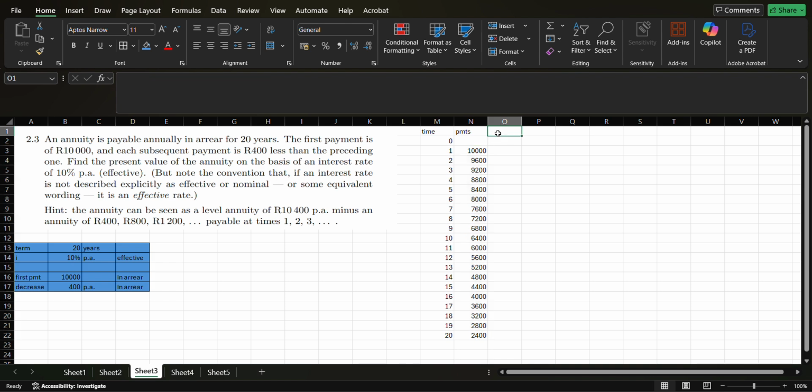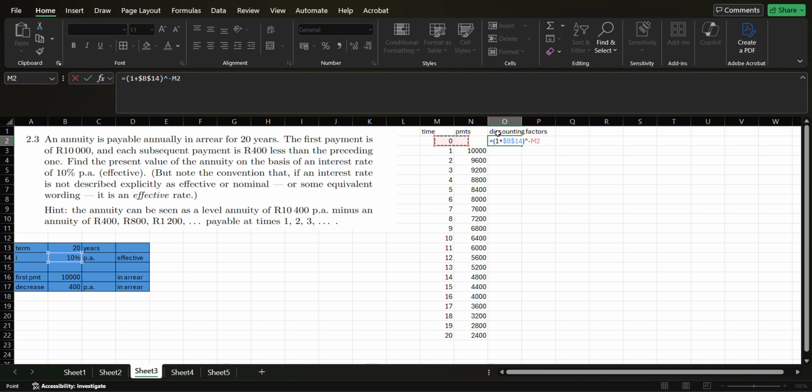Okay, cool. So after this, it's just getting your discounting factors as we did the first couple of times. Your discounting factors will be your v factors at each time. So (1 plus i), and fix i, to the power of minus t.